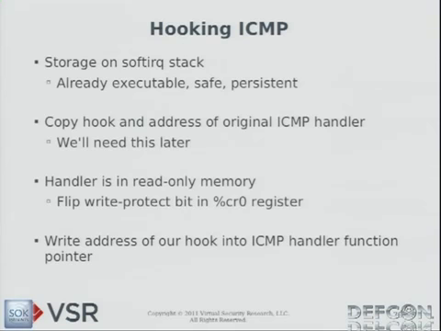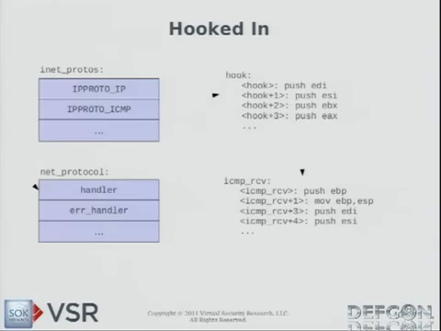We write the address of this hook that we just copied in into the ICMP handler function pointer, and then it looks something like this. Wow, those are really narrow arrows, I guess. So whenever our kernel receives ICMP data, it will call that handler function pointer, and execution will go to this hook that we installed. It'll run whatever code we choose to run there, and then presumably when we're done, we're going to call the original ICMP function so that ping still works and stuff like that.